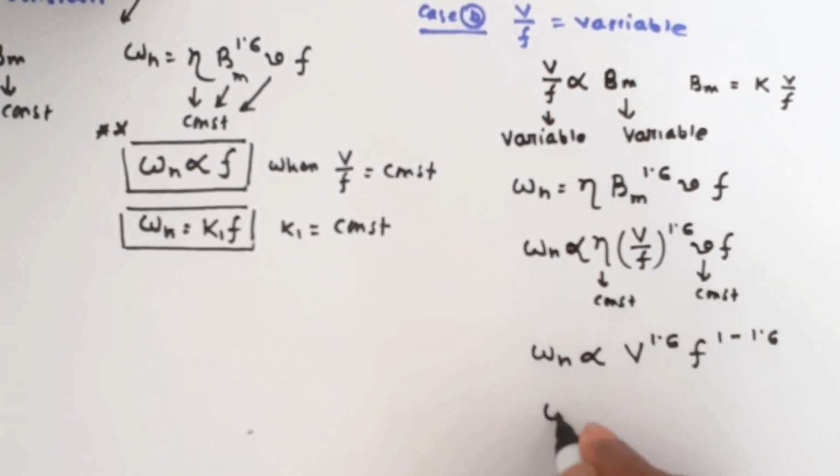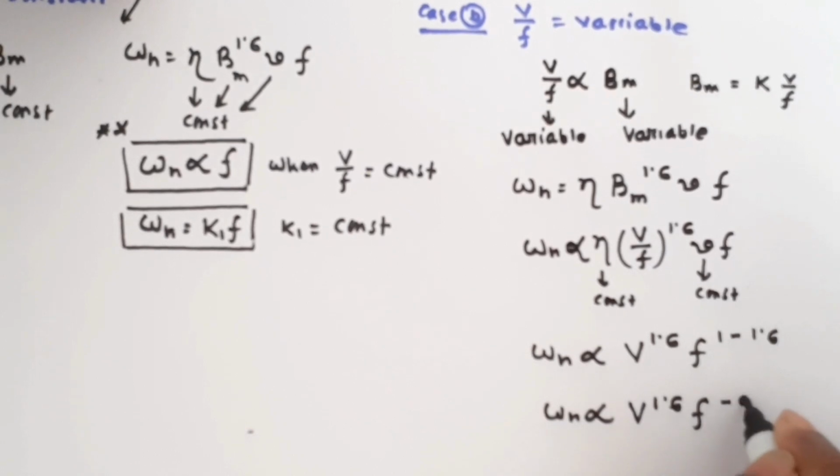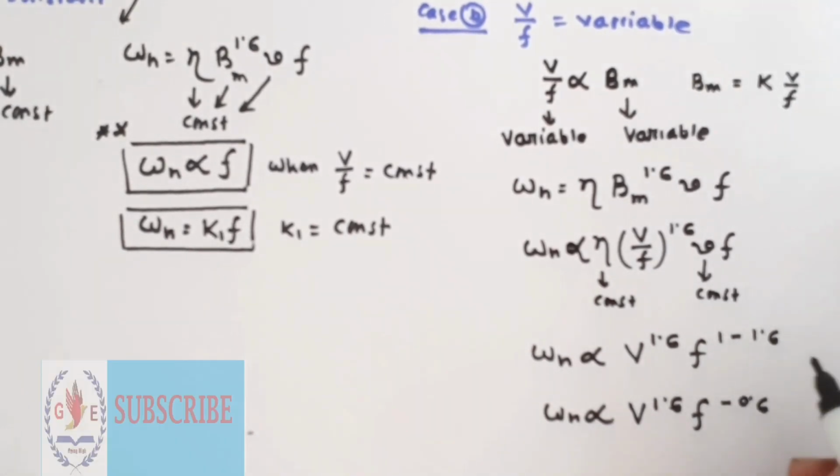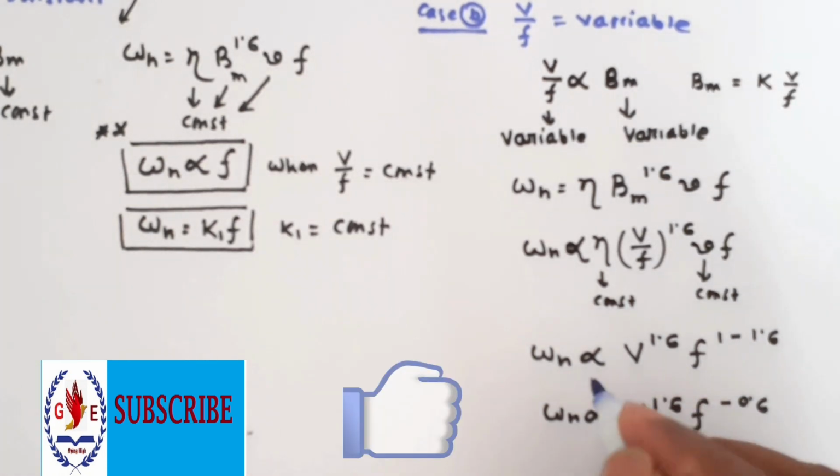That is, W of H is proportional to V power 1.6 and F power minus 0.6. This is again one of the important relations.